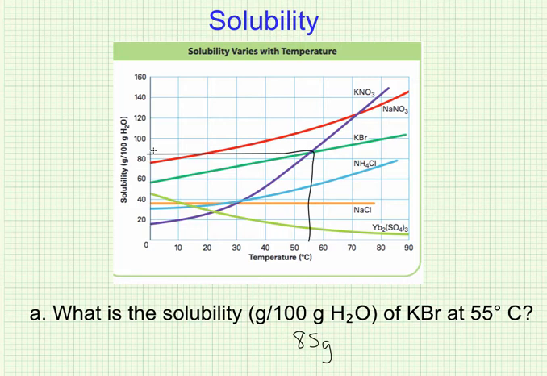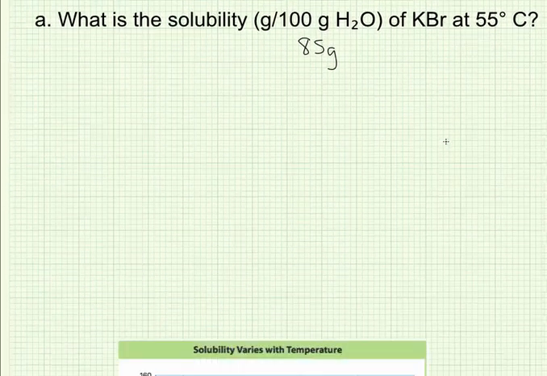In other words, I'm going to read 85. You could have read 88. So there will be some latitude as far as how you read the value. Now, what this means is if instead I had 200 grams of water, I would be able to dissolve 170 grams of potassium bromide. This would simply double.